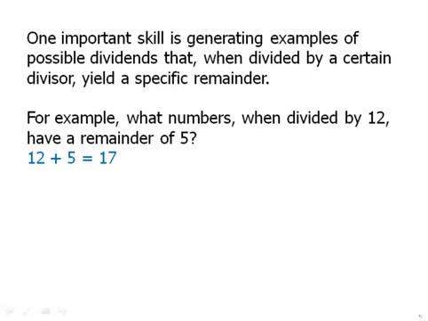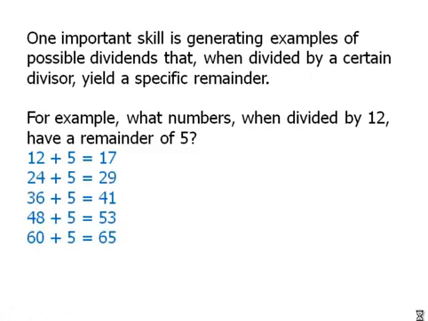Similarly, we could take any multiple of 12 and simply add 5. So all of those are numbers that when we divide by 12, it will go in a certain number of times and then it will have a remainder of 5. And notice we can get from one to the next simply by adding or subtracting 12. So 17 plus 12 is 29, plus 12 is 41, plus 12 is 53.